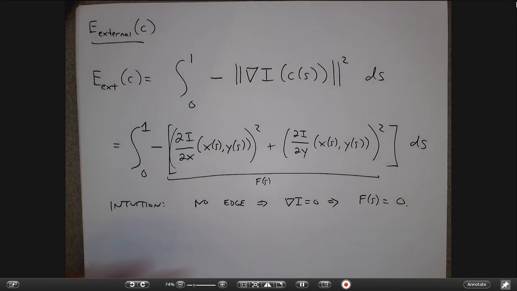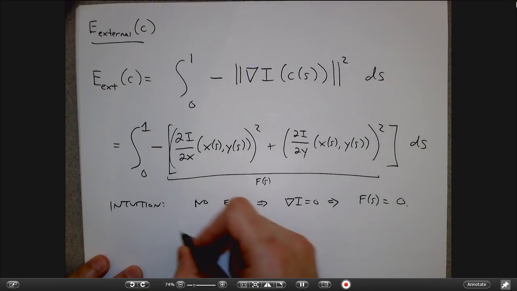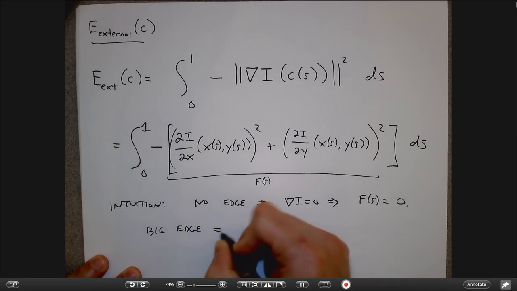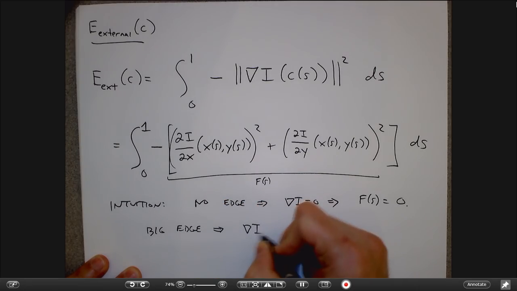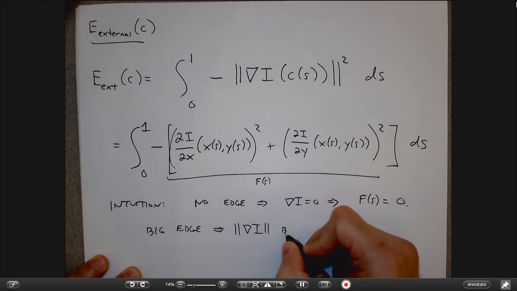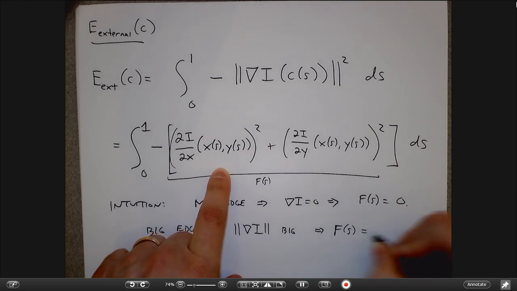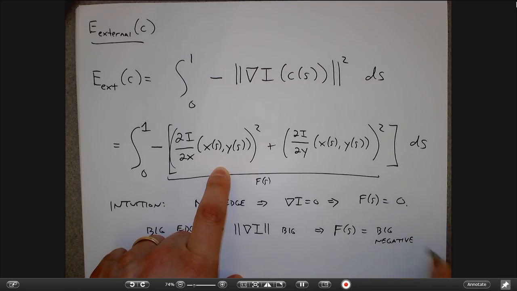So when I'm in the middle of some flat region, nothing's happening, right? If I have a big edge, then my gradient magnitude is going to be big, and then this number here is going to be some big negative number, which means that that edge is going to make the cost function overall have lower energy, right?